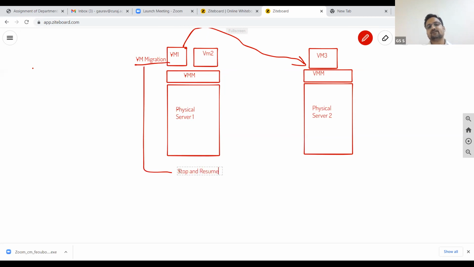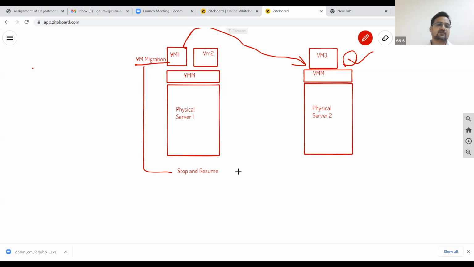What is stop and resume? I switch off this VM1 on physical server 1, shut down, copy the disk of virtual machine 1 from here and paste the disk of VM1 over here, and then restart here.